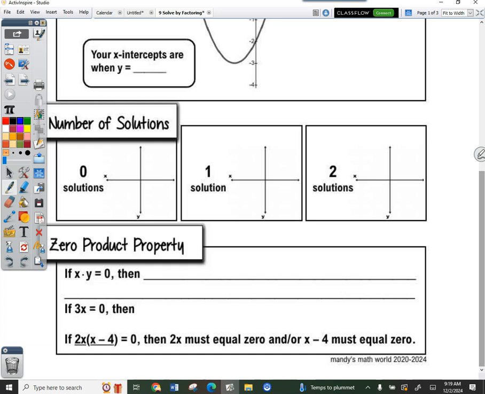You could have two. Nope, you cannot have three. You know why? What's the degree of a quadratic? It's degree 2. You cannot have 3 solutions for a degree 2 polynomial.